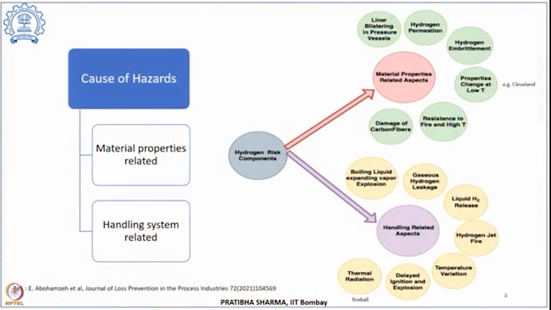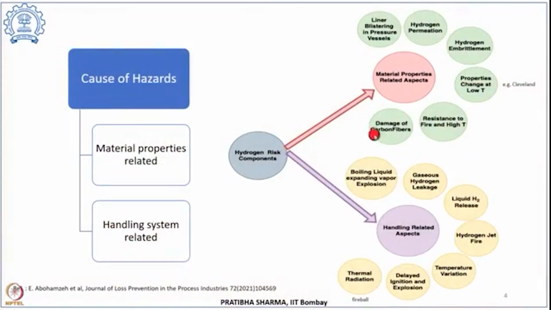Now this blistering of the liner depends upon parameters like the initial filling pressure, the discharge rate, and the dwell time, and that could lead to failures in the type 4 tank.